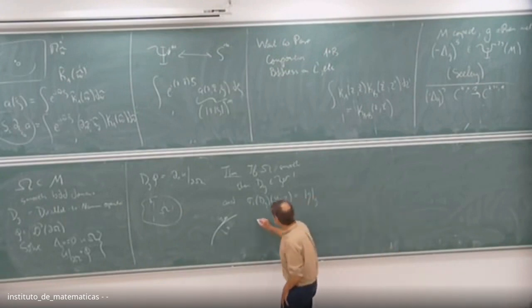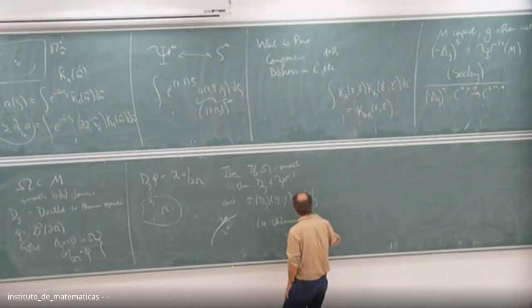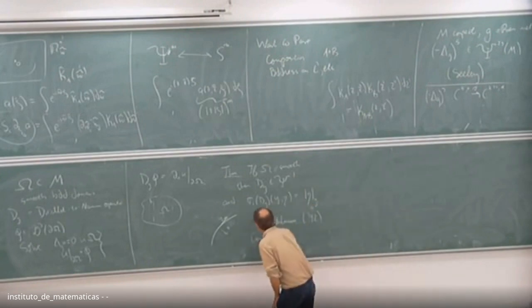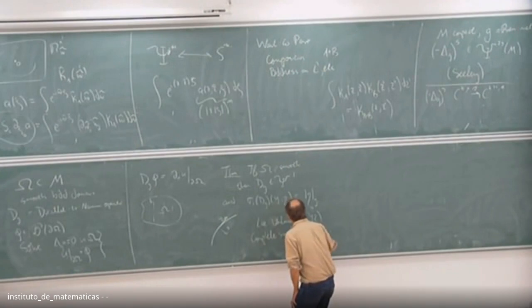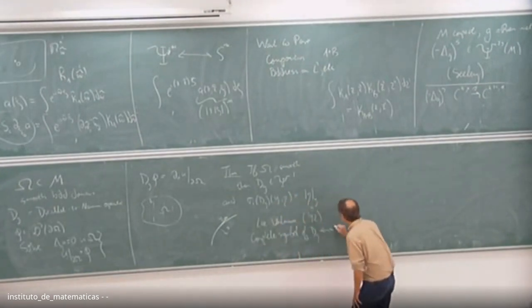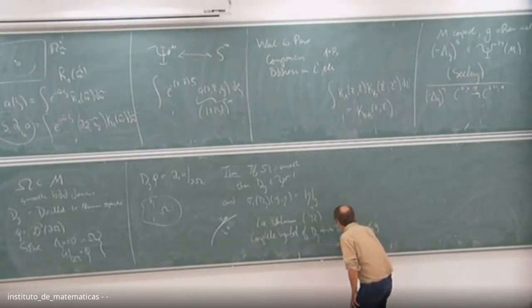And in fact, this is a beautiful theorem of Jack Lee and Gunther Uhlmann in about 1992, something like that, I don't know, which said that the complete symbol of d sub g determines and is determined by the Taylor series of the metric at the boundary of omega.